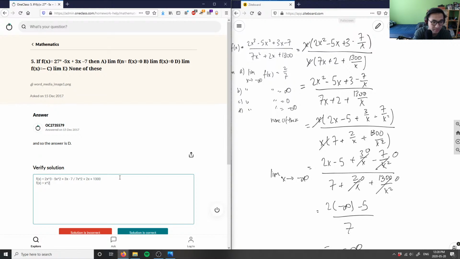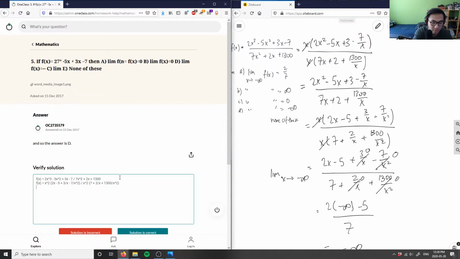So I get 2x minus 5 plus 3 over x minus 7 over x squared, all divided by x squared factored out here, so I get 7 plus 2 over x plus 1300 over x squared.